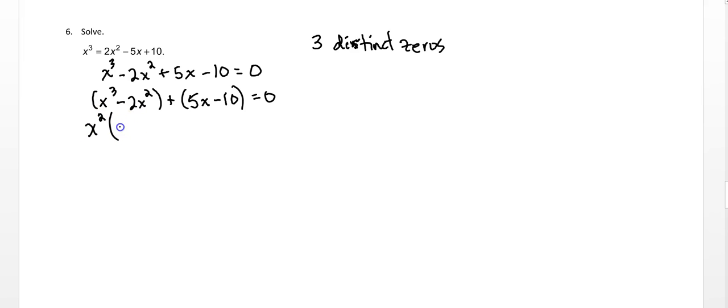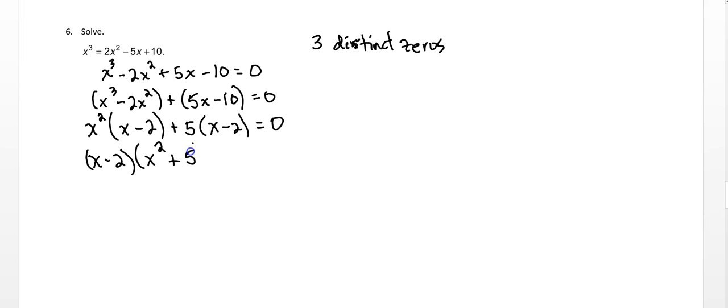Factoring out the x squared, factoring out the 5. We have a common binomial factor of x minus 2. We factor that out, and that leaves us with x squared plus 5.